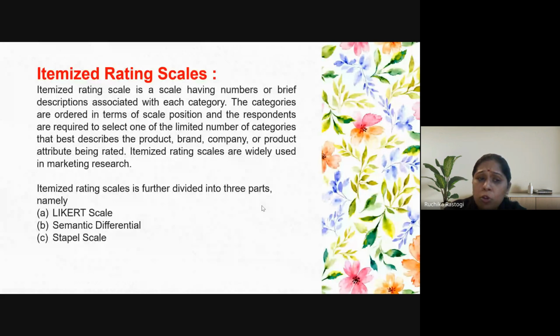Even in almost different kinds of scaling, we have used the close-ended. So the question is yours and the answer is also yours. So I am not giving the power to the respondent to think in a different way. Now, the Likert scale could be a 3-point, 5-point, 7-point, and 9-point Likert scale too.